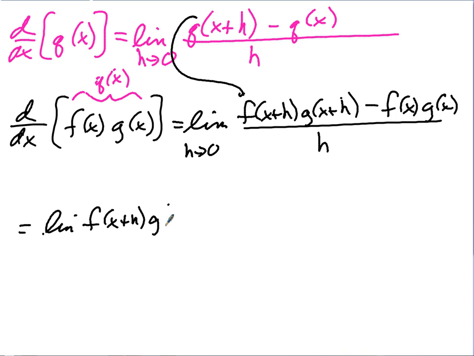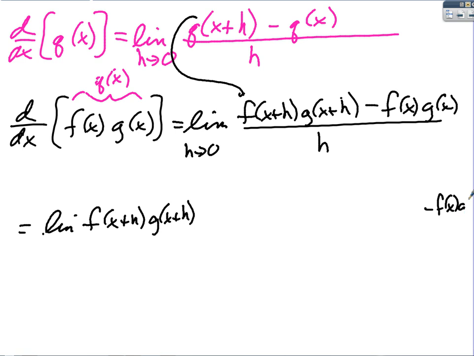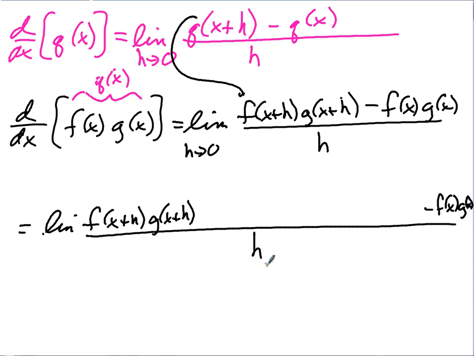This is going to be hard to fit on here, but I'll try. So there's the first term and the second term separated, but we're gonna add 0 in the middle there.